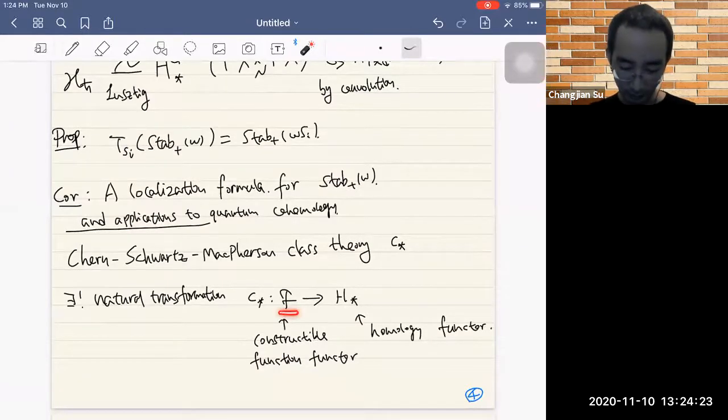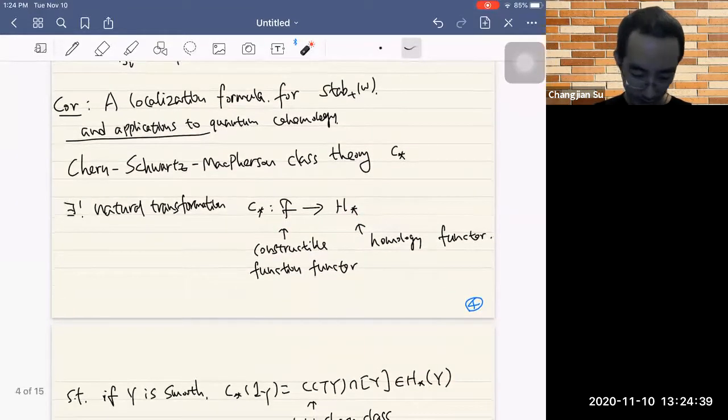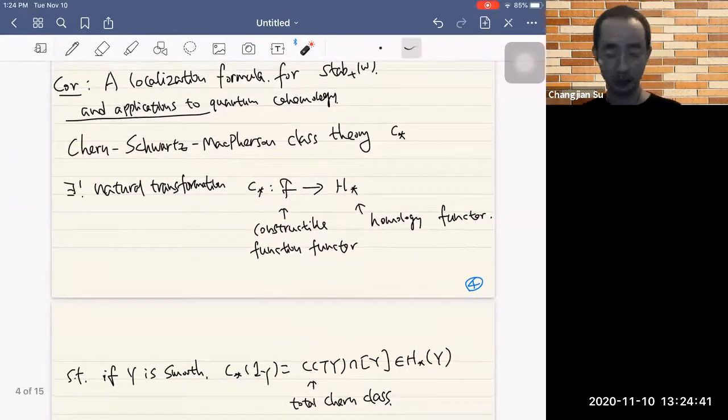Then there exists a natural transformation, denoted by c_*, between these two functors, satisfying some normalization conditions.